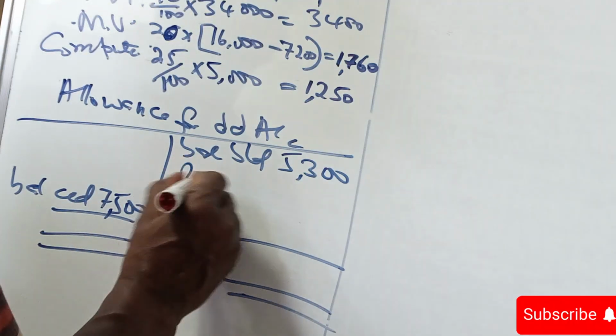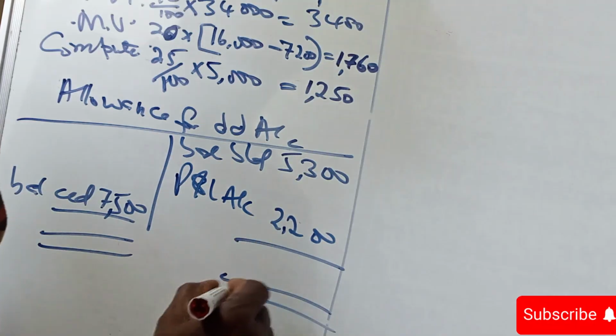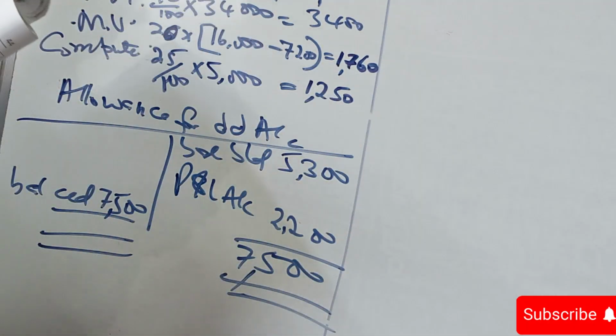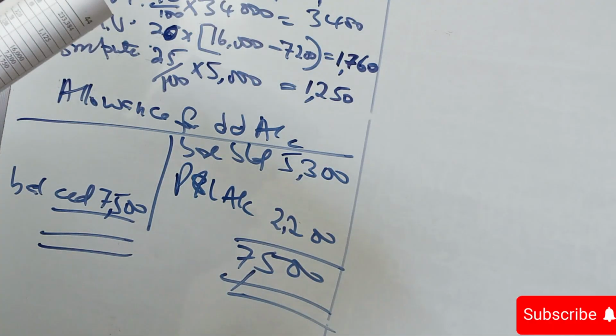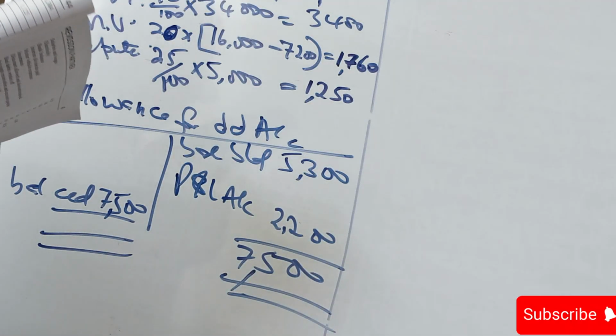Therefore, we take the increase to the P&L account as an expense. 2,200 is an expense.